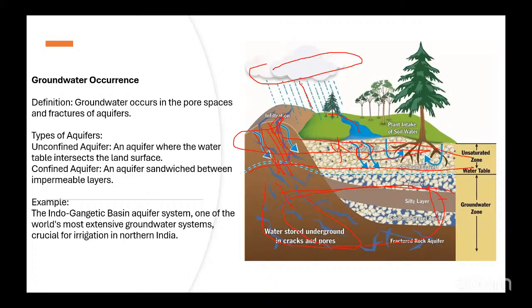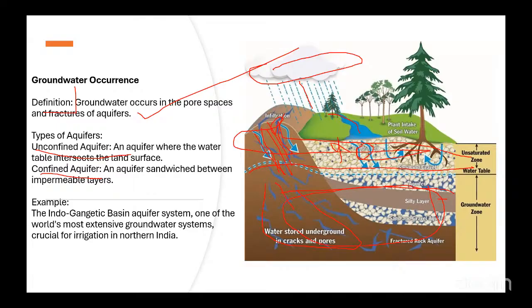And groundwater occurrence, the definition you can write: groundwater occurs in the pore spaces and fractures of an aquifer. Types of aquifers are unconfined aquifer and confined aquifer. An unconfined aquifer is an aquifer where the water table intersects the land surface. A confined aquifer is an aquifer sandwiched between impermeable layers.